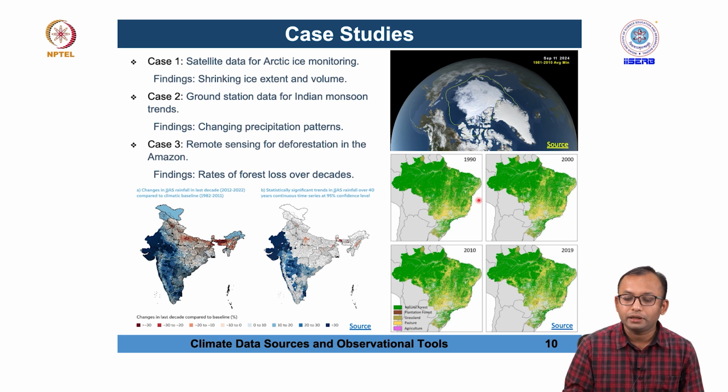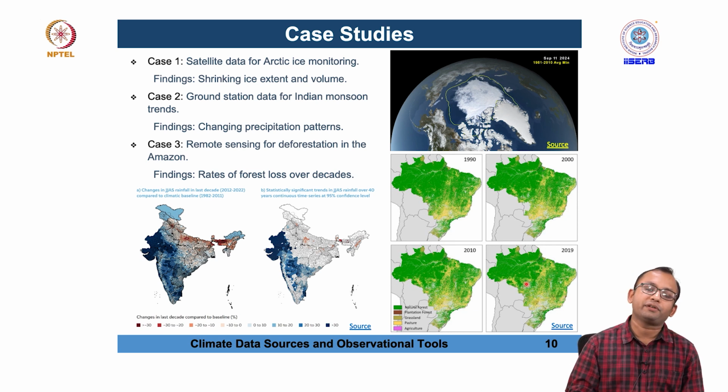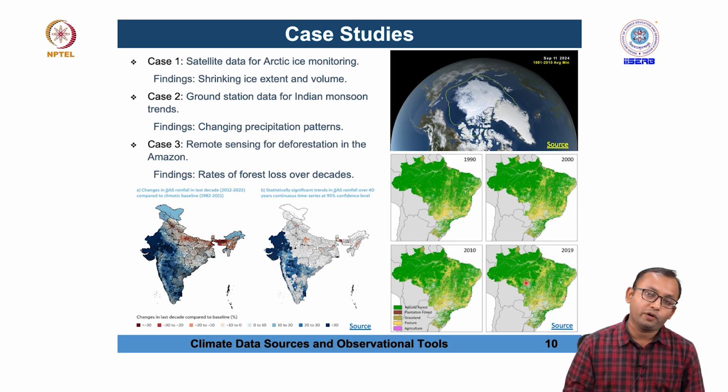This is the Amazon basin, where they looked at the overall changes in land use and land cover, particularly the forest region, and they found that a very significant change was observed across the Amazon basin in the recent time period, and lots of regions have been suffering from deforestation issues across this particular basin.